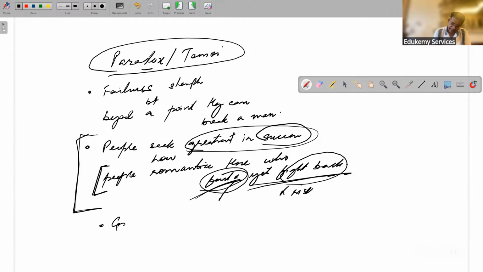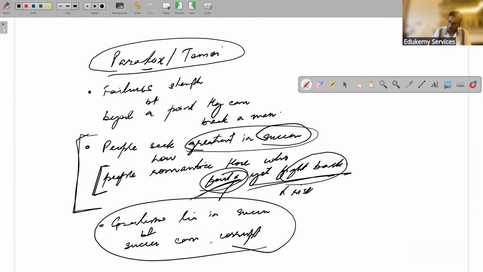The greatness lies in success, but success can corrupt. This is also a paradox, right? Yes, Tyrion Lannister, absolutely. See, I'm repeating this to you: the quality of your essay.